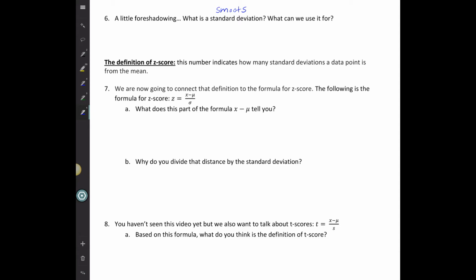So go ahead and pause and reflect on that. Well, hopefully you recall that a standard deviation is really the average distance from the mean.